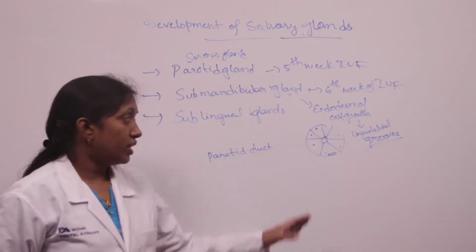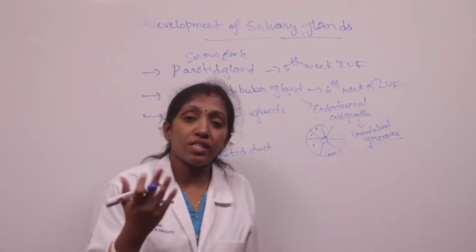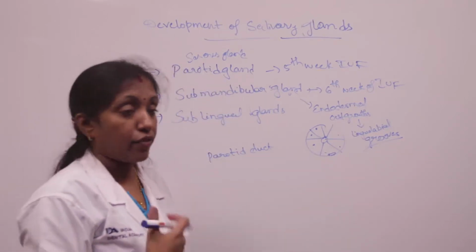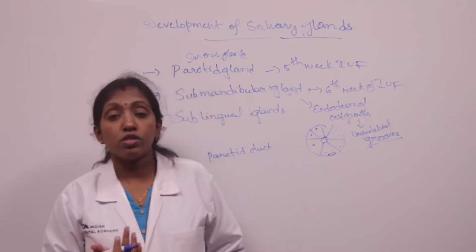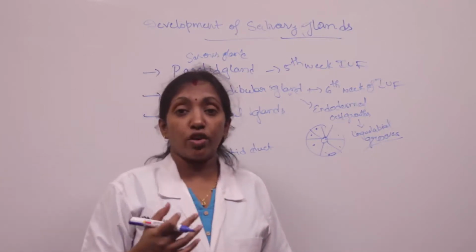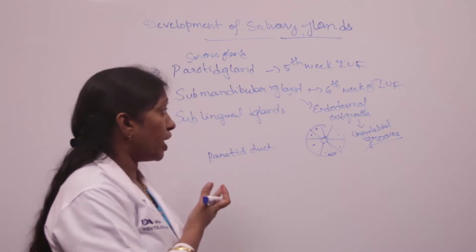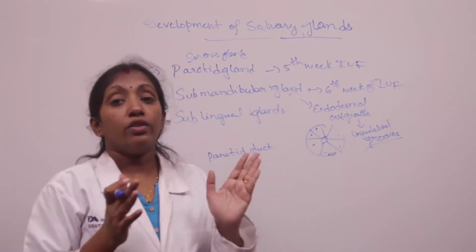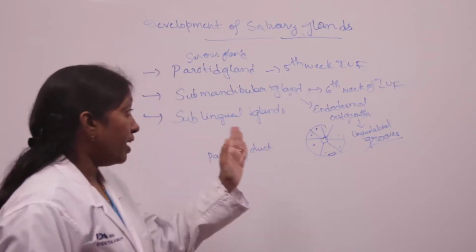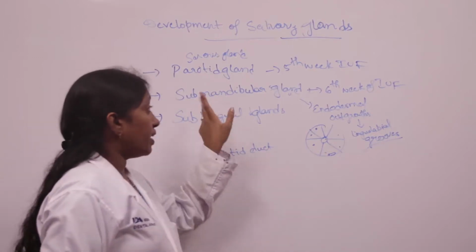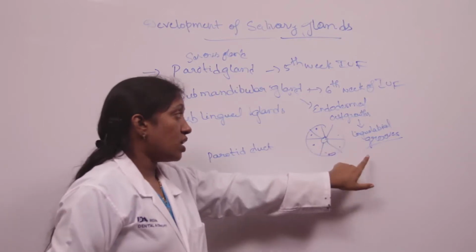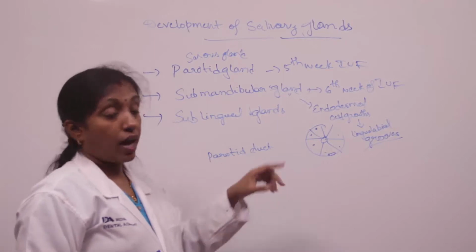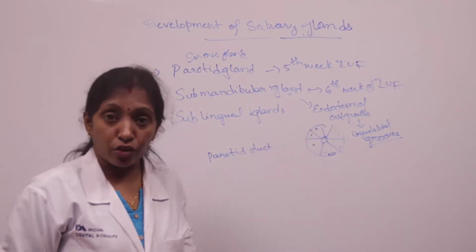From the linguolabial groove, these outgrowths grow and proliferate, forming the acini as well as the ductules of the gland.